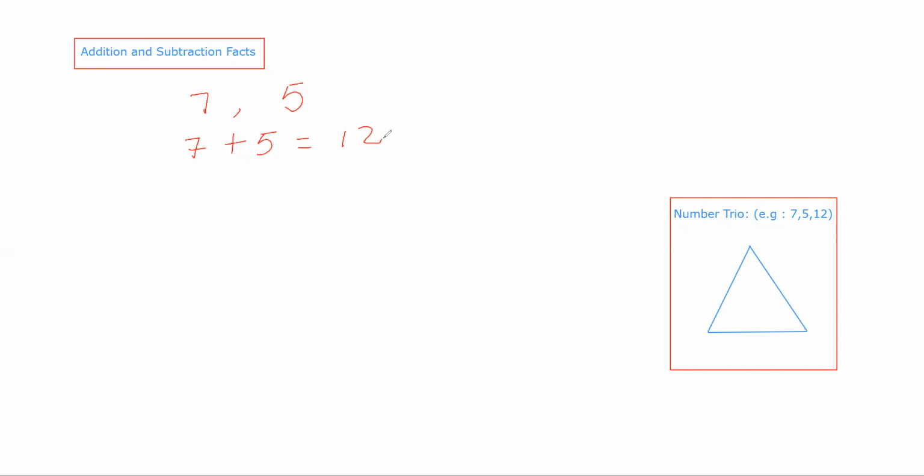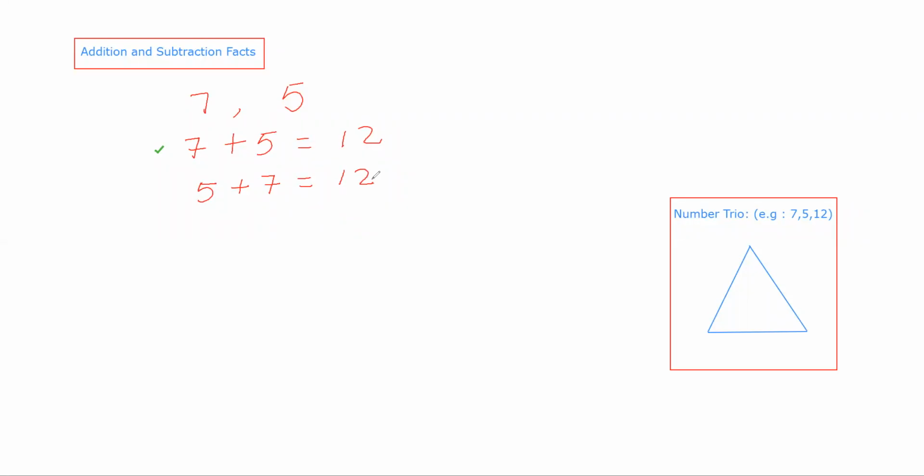So right now, I have added the two small numbers 7 and 5 to get 12 as my answer. Okay, so this is my first addition fact. Now I will work on my second addition fact. My other addition fact is if I add 5 plus 7, I am going to get the same answer, 12. Okay, correct?